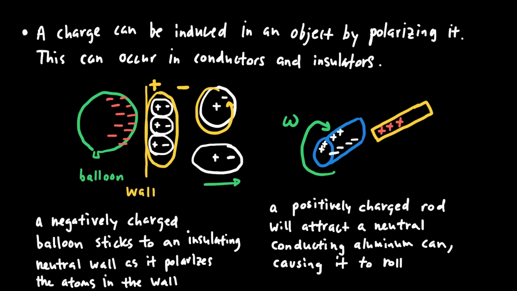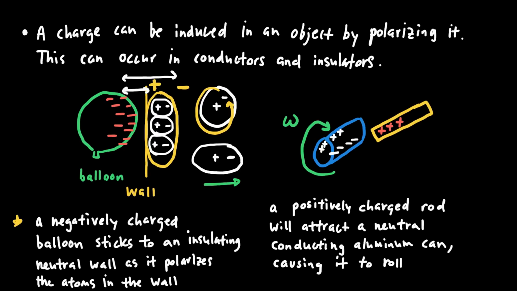It's just that by consequence of the electrons spending more time on the right-hand side, there's more positive charge on the left-hand side. Therefore, because the positive charge is closer in proximity on average to the negative charge than the other negative charges, there's an attractive force that can exist between the balloon and the wall. And so in summary, a negatively charged balloon sticks to an insulating neutral wall because it polarizes the atoms in the wall.